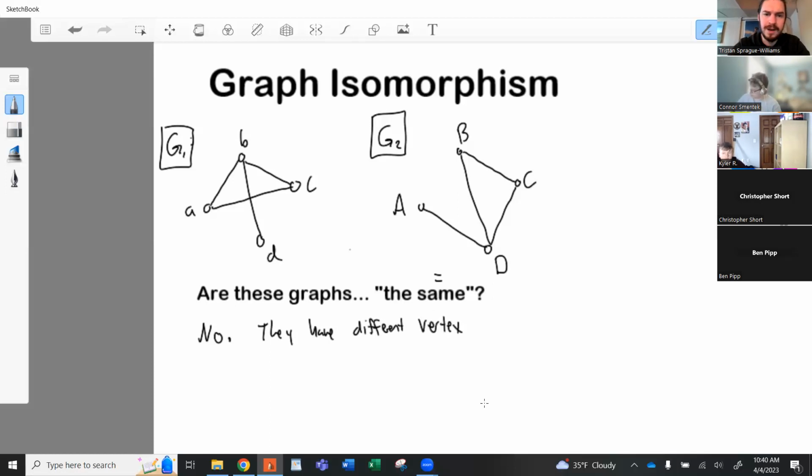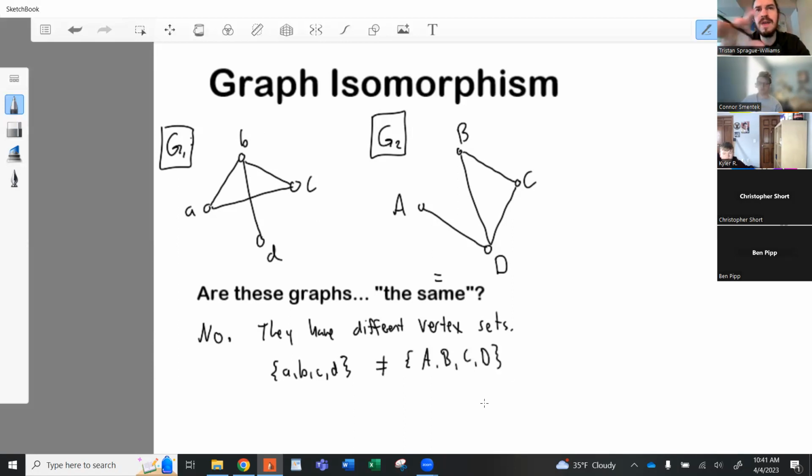Maybe this wasn't quite clear, but I did intend for the lowercase letters to be different from the uppercase letters. That's not the same as capital A, B, C, D. Right? For one thing, they have different vertex sets.